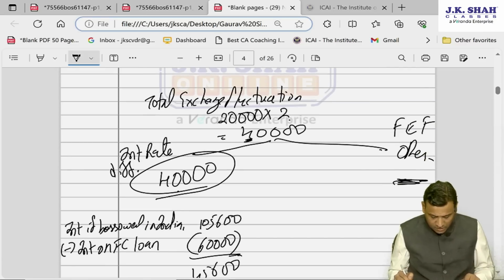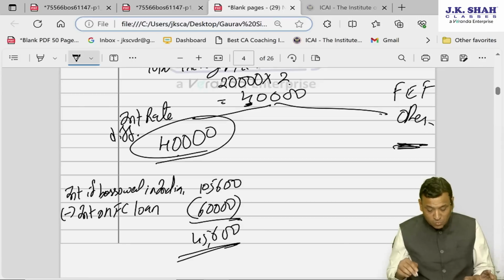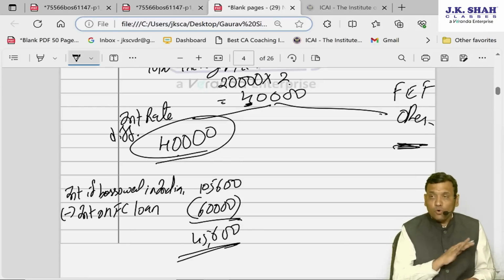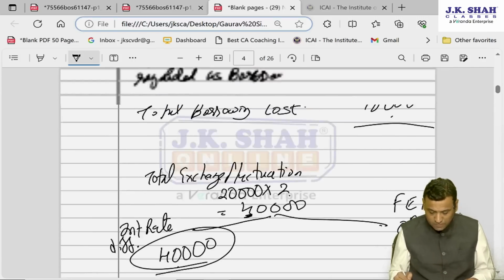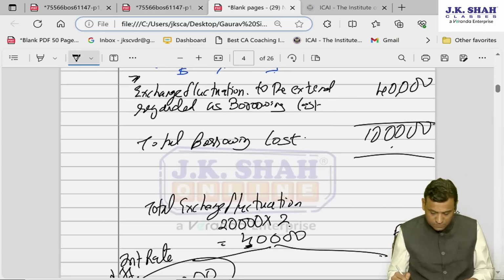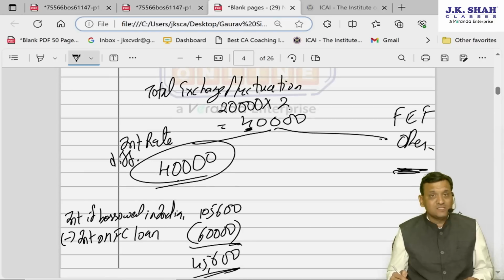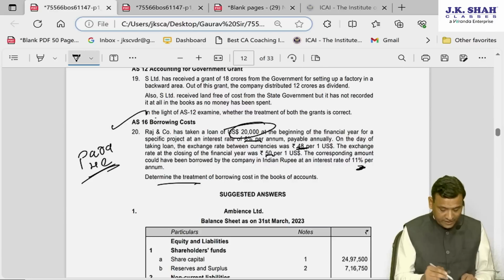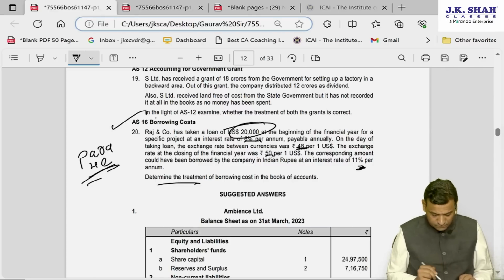But here the interest rate difference is more than the exchange fluctuation. It means the whole exchange fluctuation is my borrowing cost. This is nothing but the concept of para 4E of AS 16.